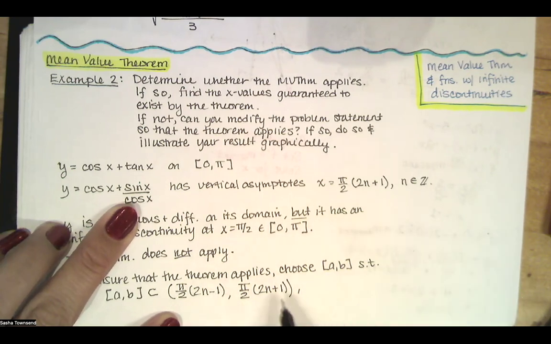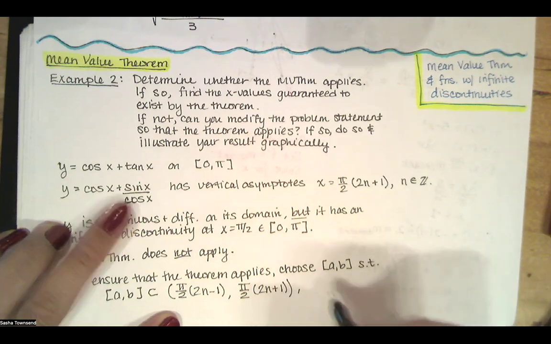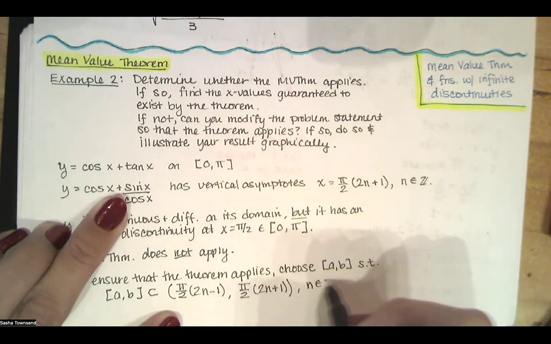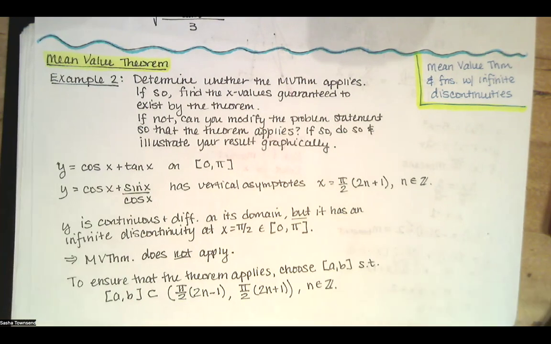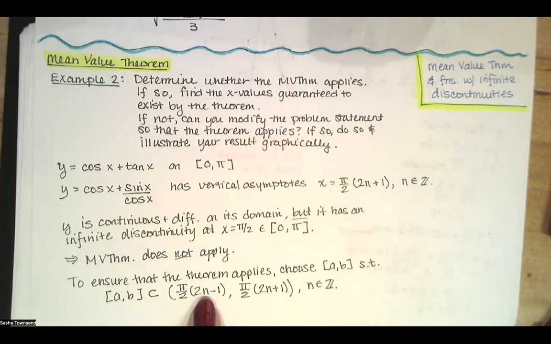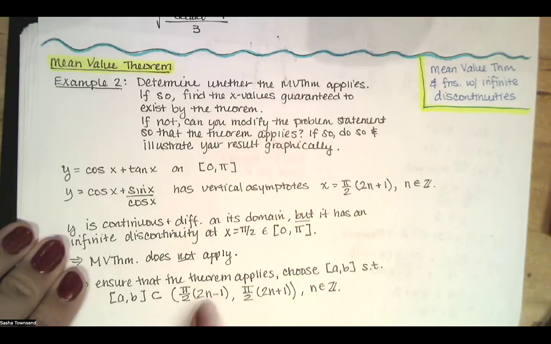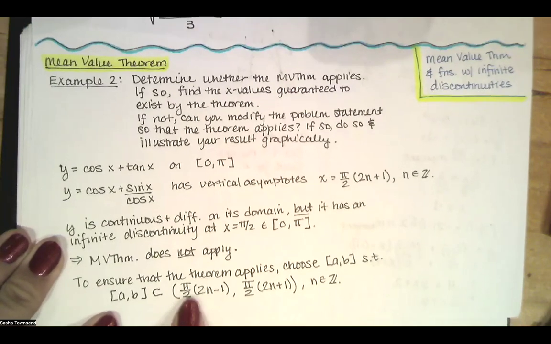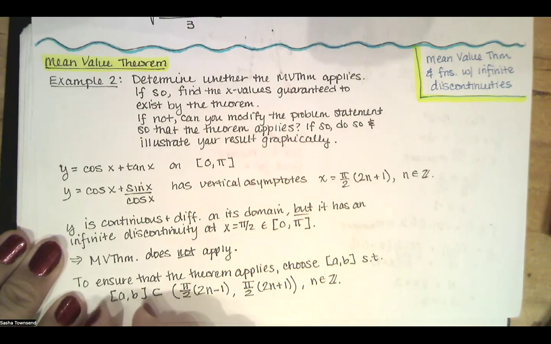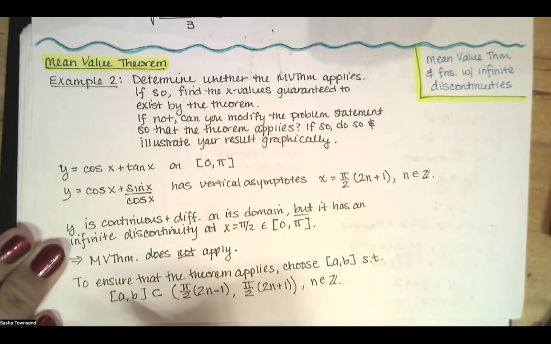That's one odd number, and then that's the next odd number. If n is equal to 0, we're just going to look for an interval from negative pi over 2 to pi over 2, and then we'll just choose a finite interval, including the bounds, that is inside that interval from negative pi over 2 to pi over 2.